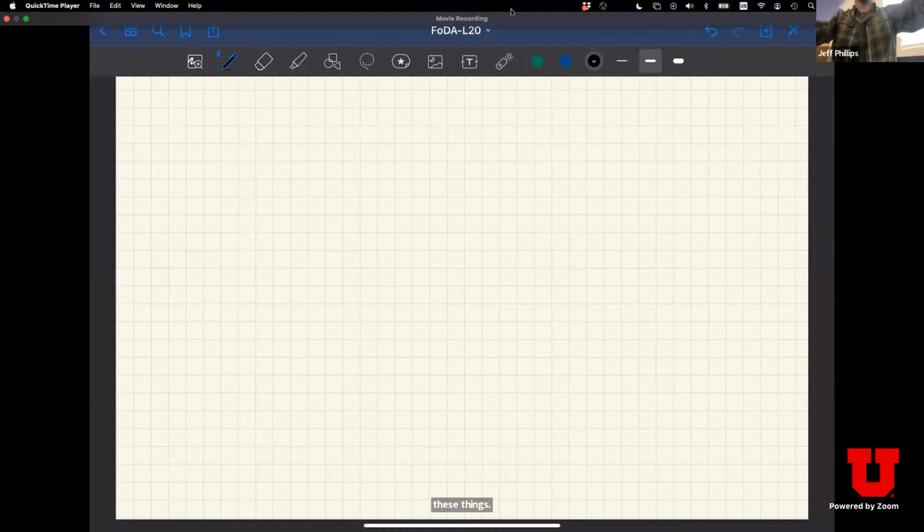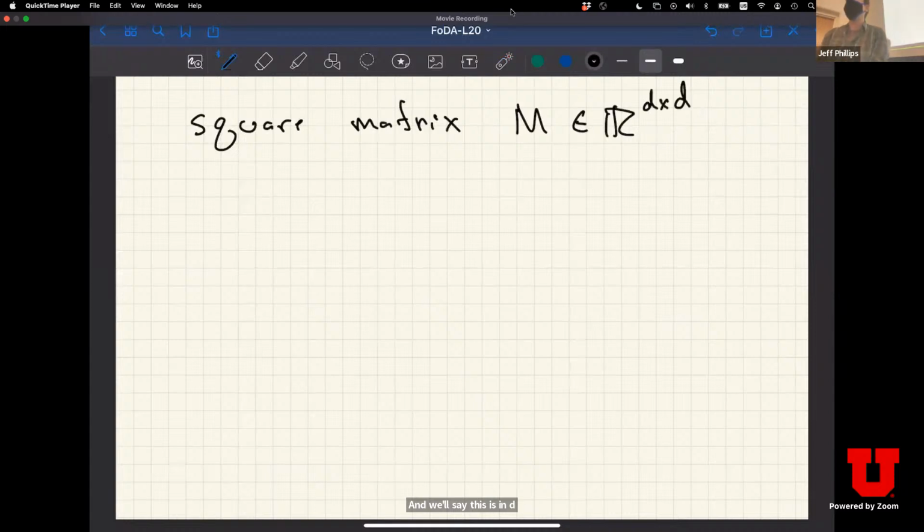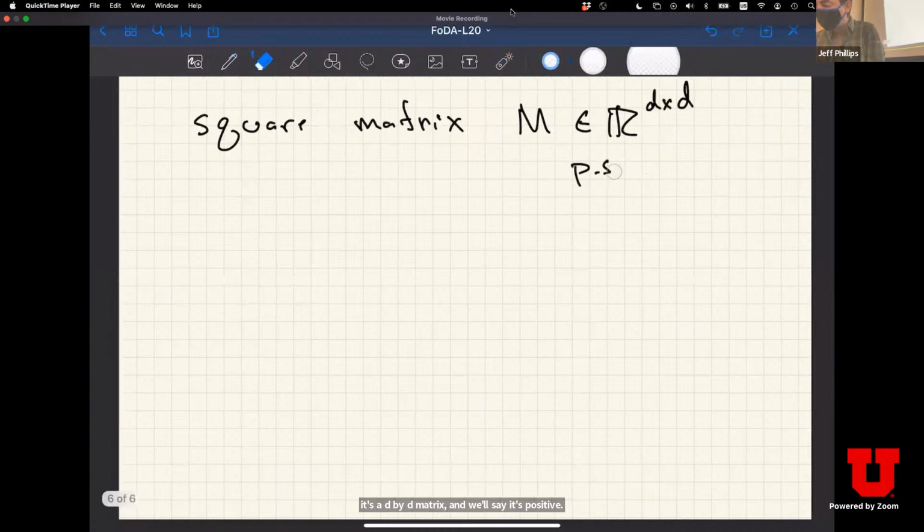Okay, so if you remember, if I have a square matrix M, and we'll say this is D by D. We'll say it's positive semi-definite, or positive definite.